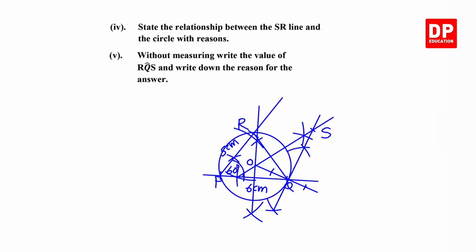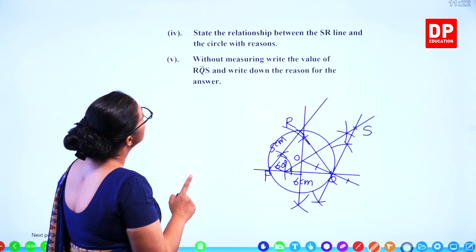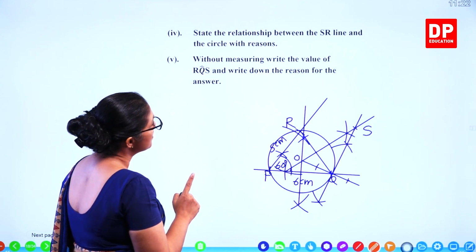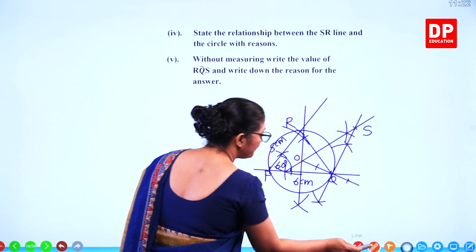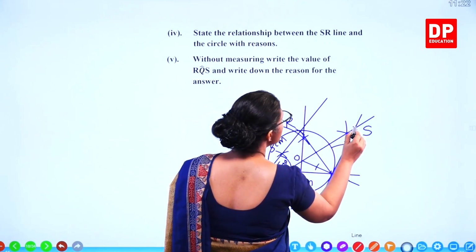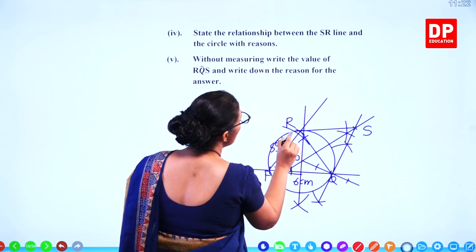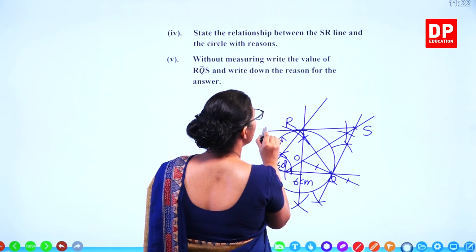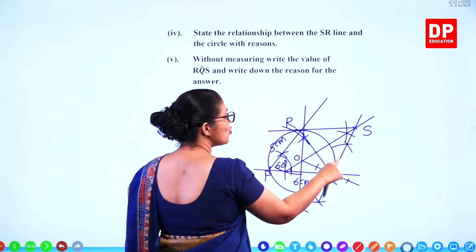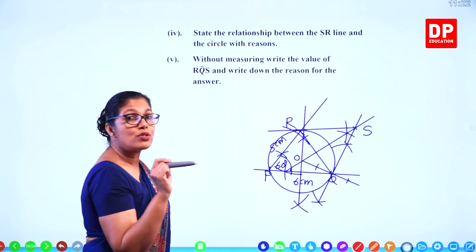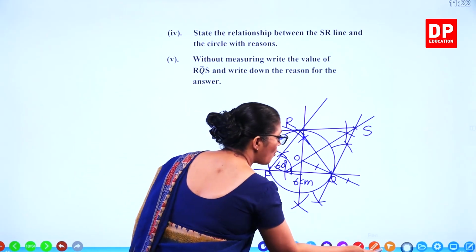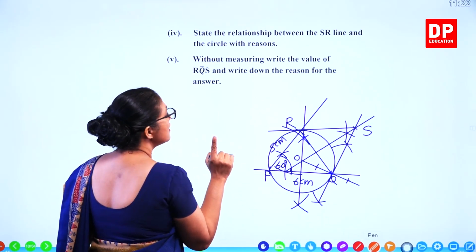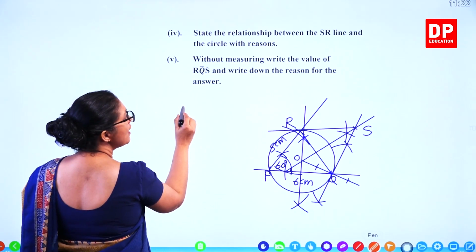Fourth part, state the relationship between the SR line and the circle with reasons. So here SR, S and R. What can you say about that? So those are the tangents drawn from the outside point S. So what can you say about the tangents? So both are equal.